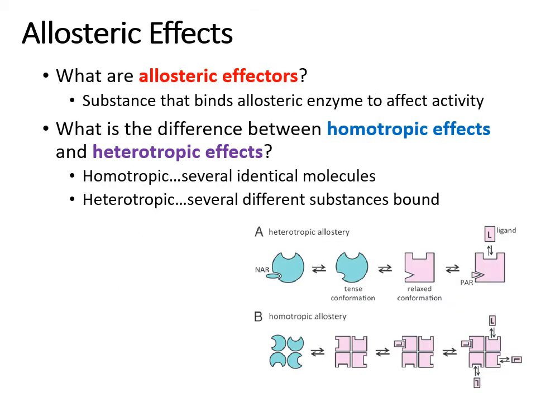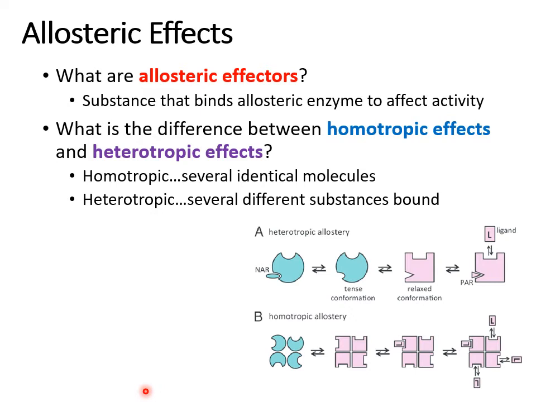The next thing I want to talk about for allosteric enzymes is the idea of allosteric effects. Now, one of the terms you'll see is allosteric effectors. That simply means any substance that will bind to the allosteric enzyme to affect its activity.